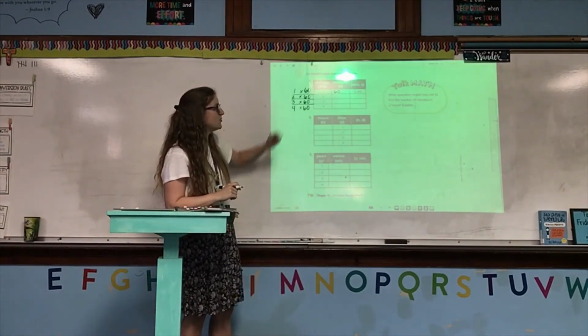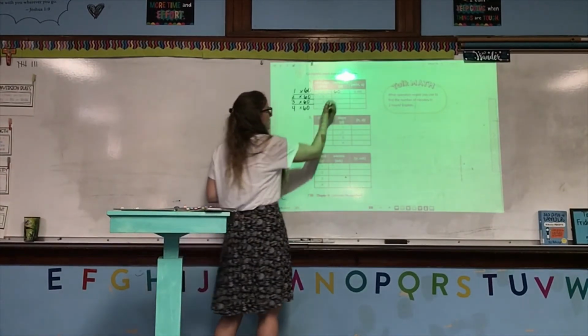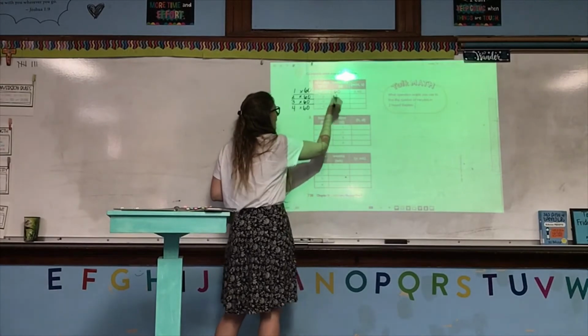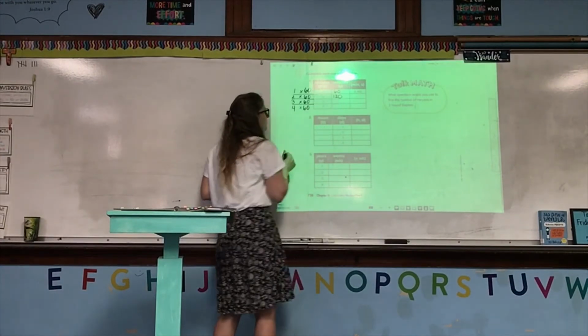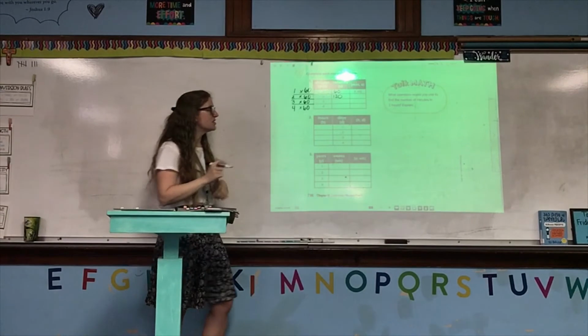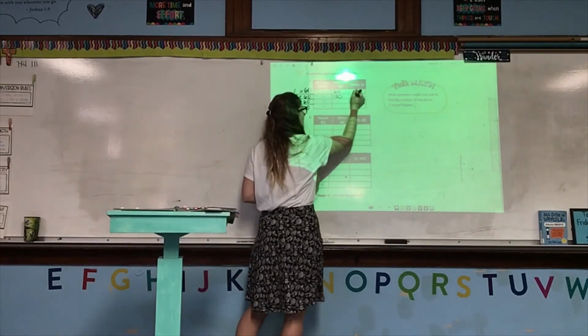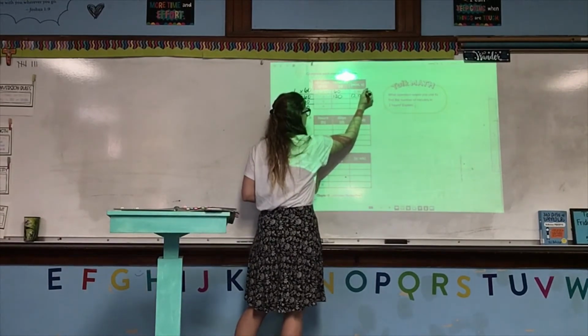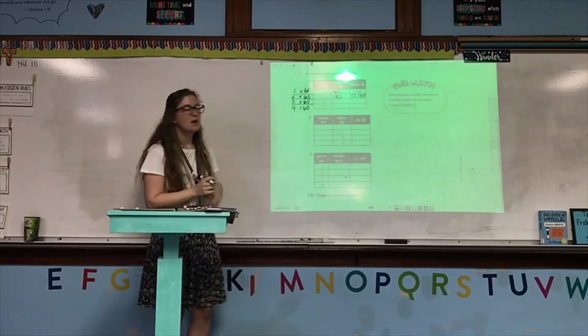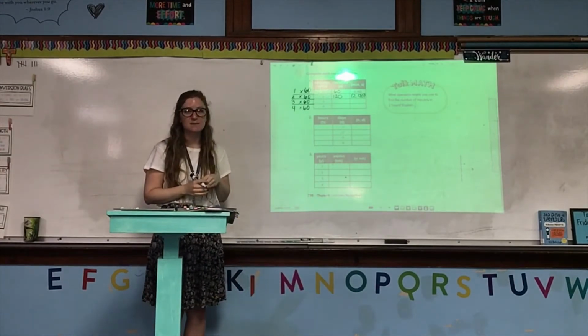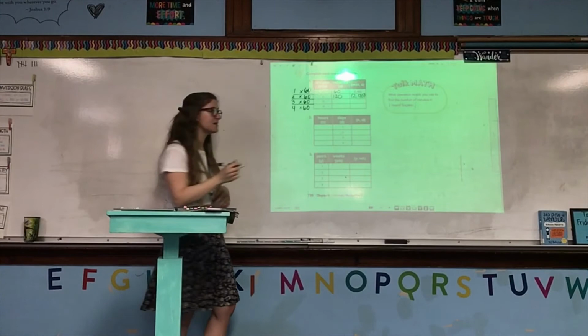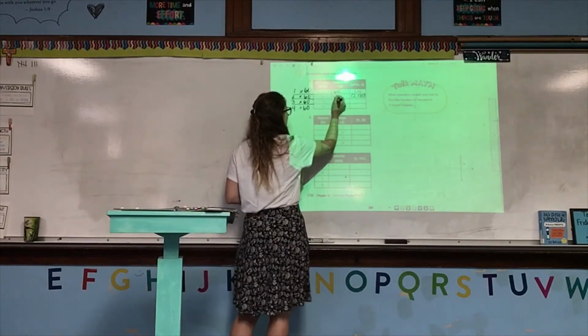The next one, 2 times 60. Basic fact is 2 times 6, which equals 12. Then we move the 0 from the end of the factor to the end of the product. So in 2 minutes, there are 120 seconds. Next one, 3 times 60. Well, the basic fact is 3 times 6, which equals 18.